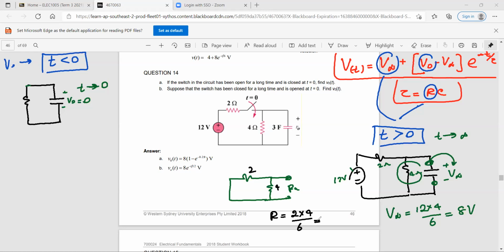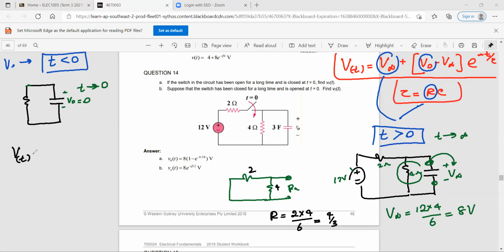What's that? 1.33 or 8/6. Maybe we'll write it as 4/3. Yes, so we found that, and let's substitute in the equation.